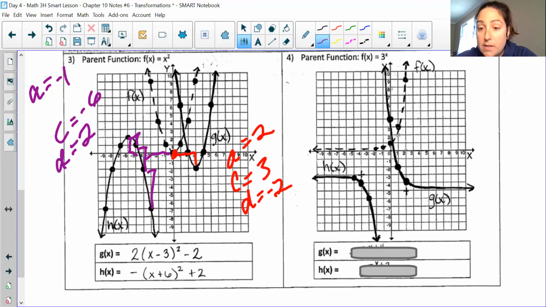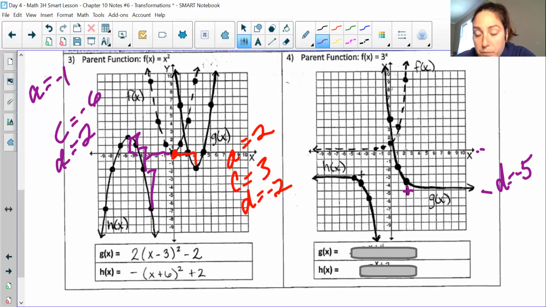In this case, we'll start with g of x. Our axes shifted here. So our horizontal asymptote is now here at -5. So that means my d value is -5.